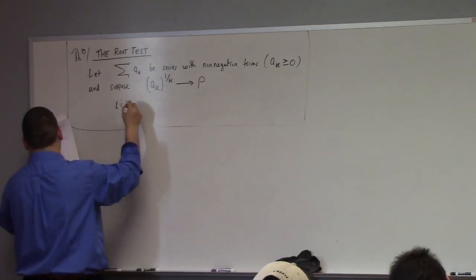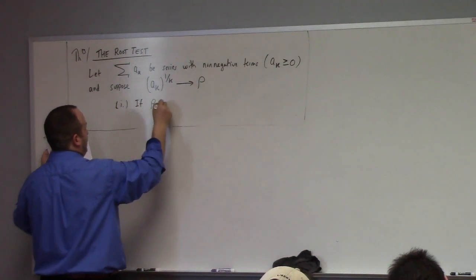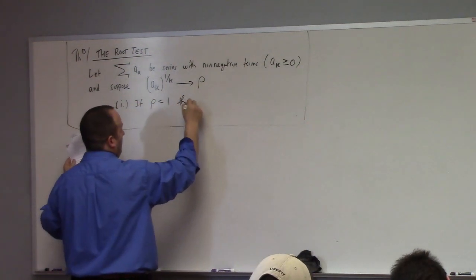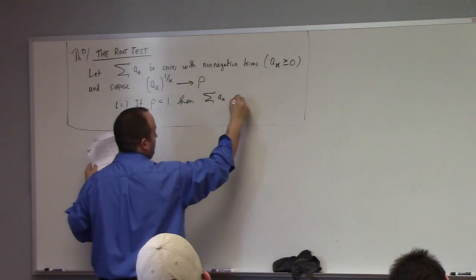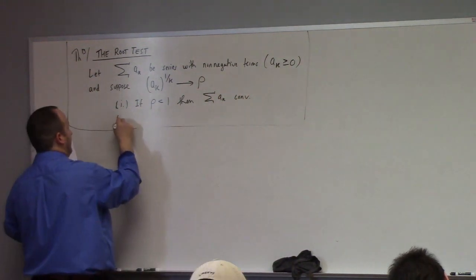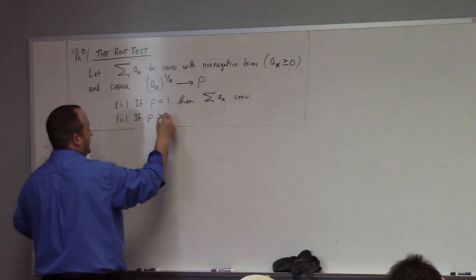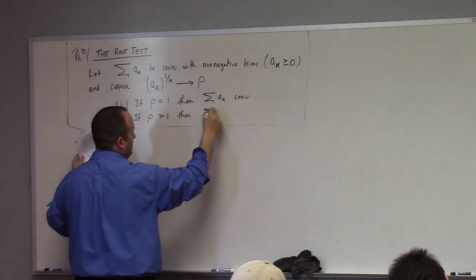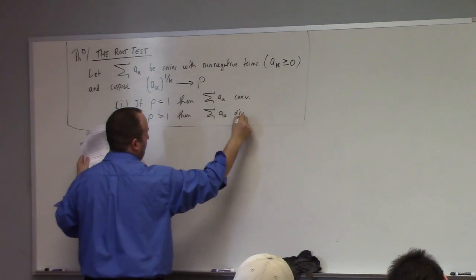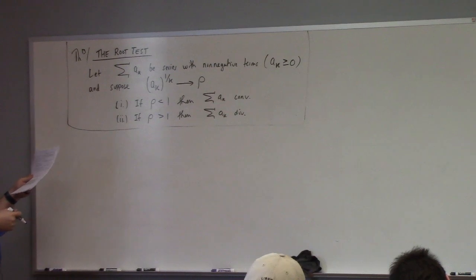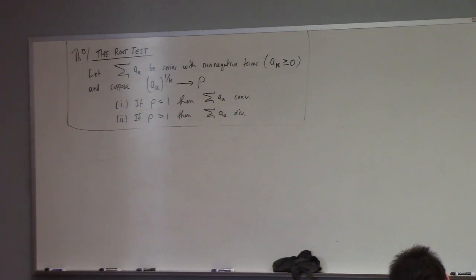Case 1, if rho is less than 1, then the series converges. Case 2, if rho is greater than 1, then the series diverges. I refuse to write case 3. This is the only part of mathematics where you find textbooks writing what doesn't work. But case 3 says that if rho equals 1, you don't know. If rho equals 1, the test is inconclusive. I'm not going to write that down.